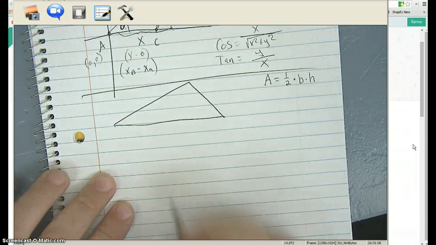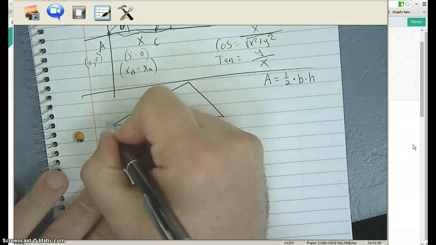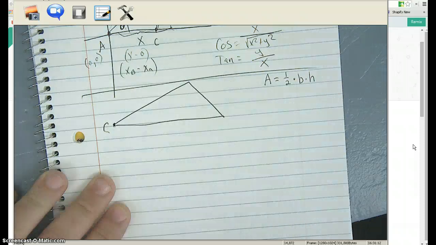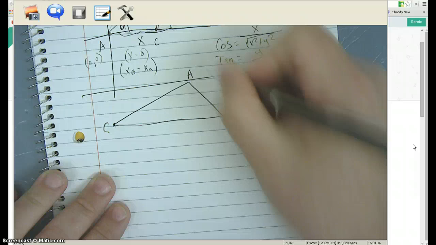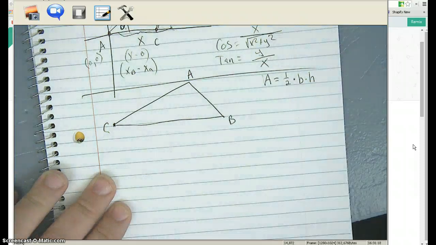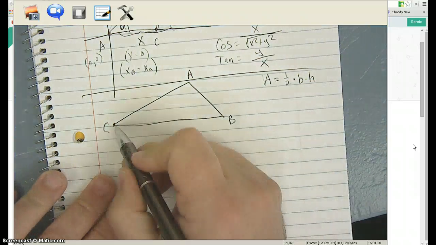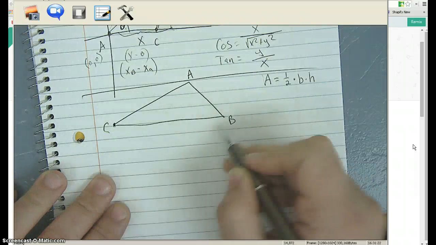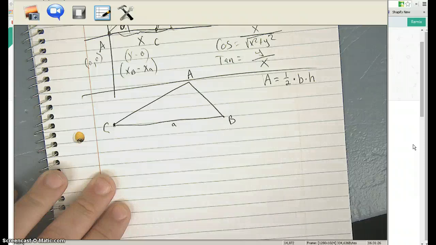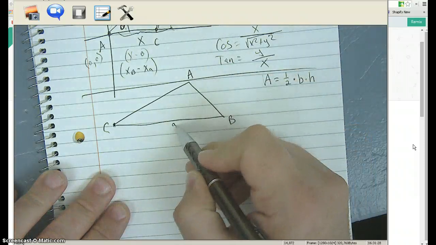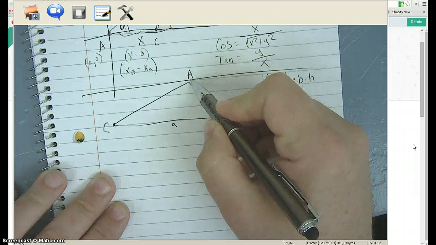Okay, so let me place this point C over here. And we'll say that this is point A and this is point B. And now we're going to say the measure of this side, and this is kind of funny how it always happens in the textbooks, but they like to say little a is the measure of the side opposite capital A, big A, see?